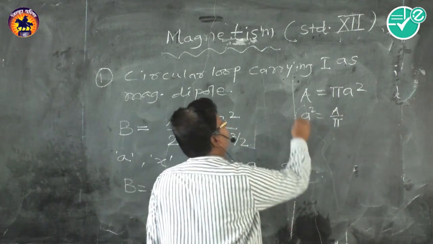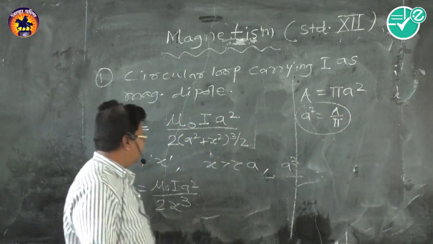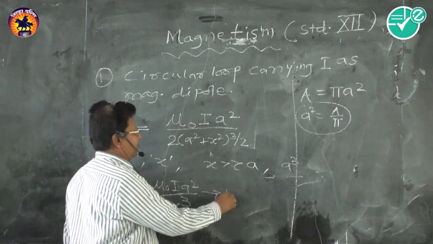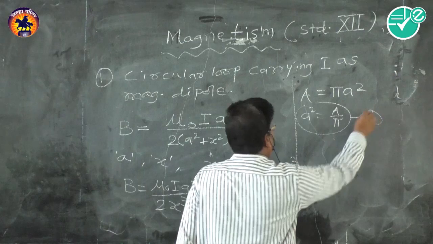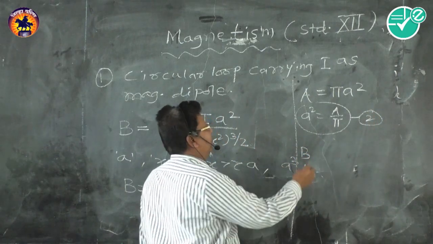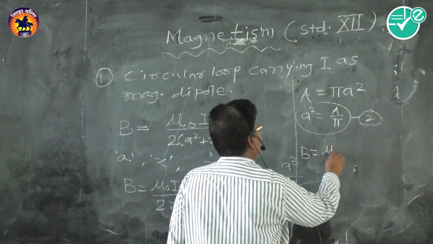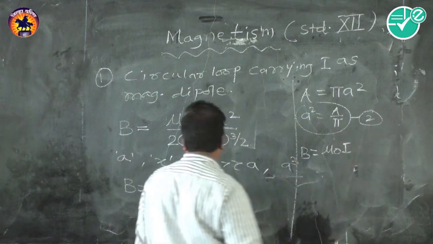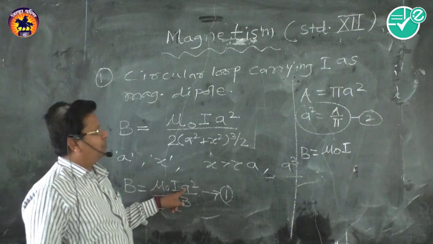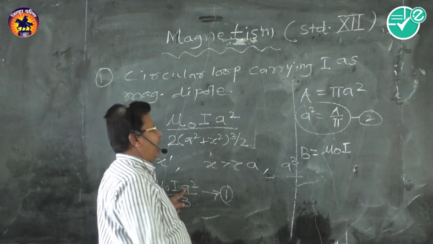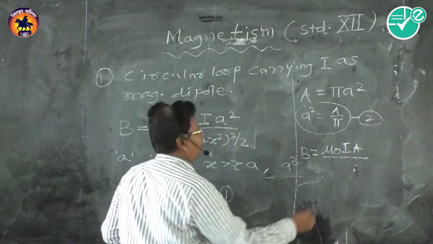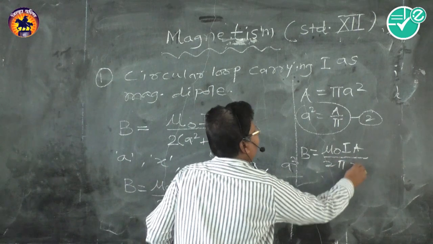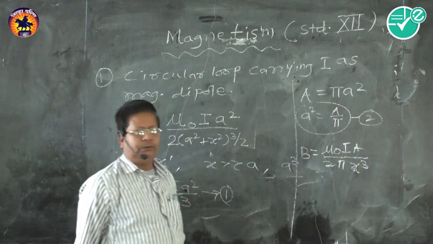If this value is substituted in equation number 1, then we get B is equal to mu 0 I A divided by 2 pi X cube.